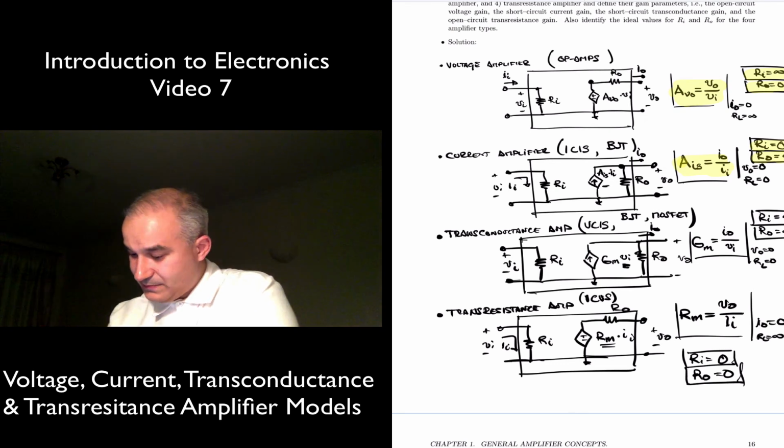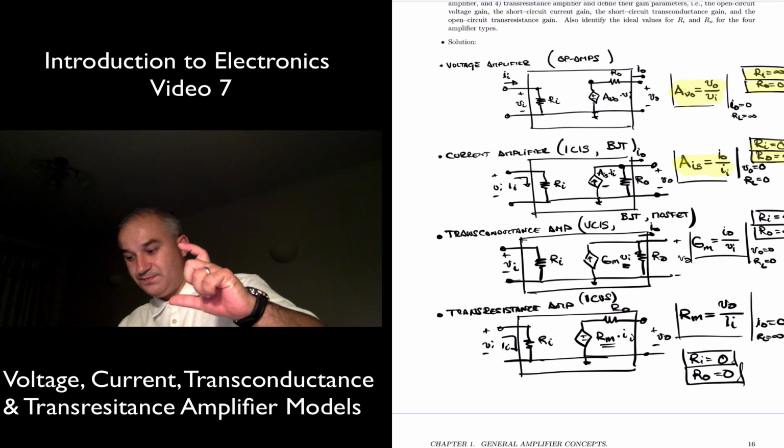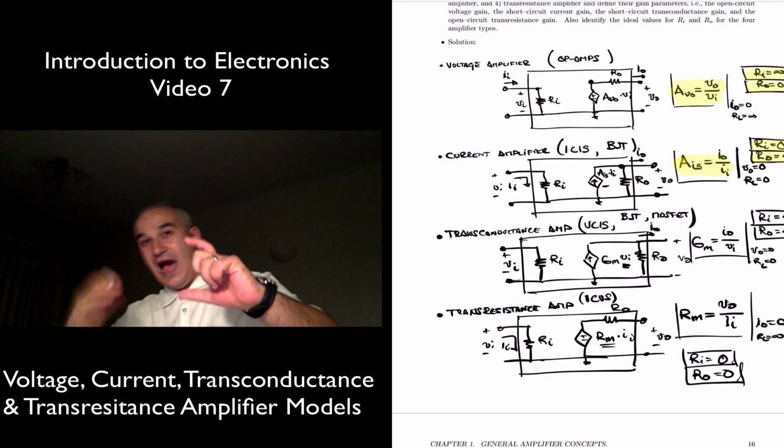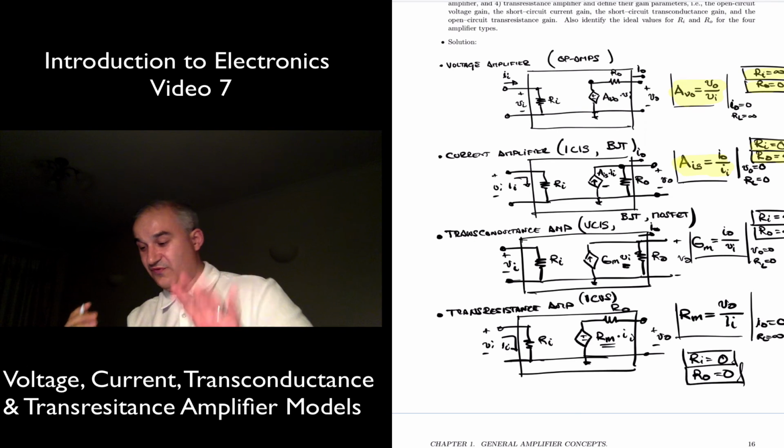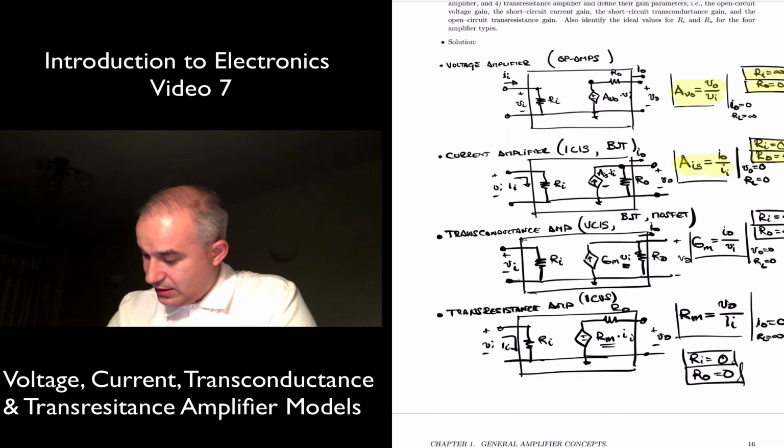Transconductance amplifier. You sense an input voltage and you produce an output current that is a function of that input voltage. So you want the ratio of output current to input voltage.